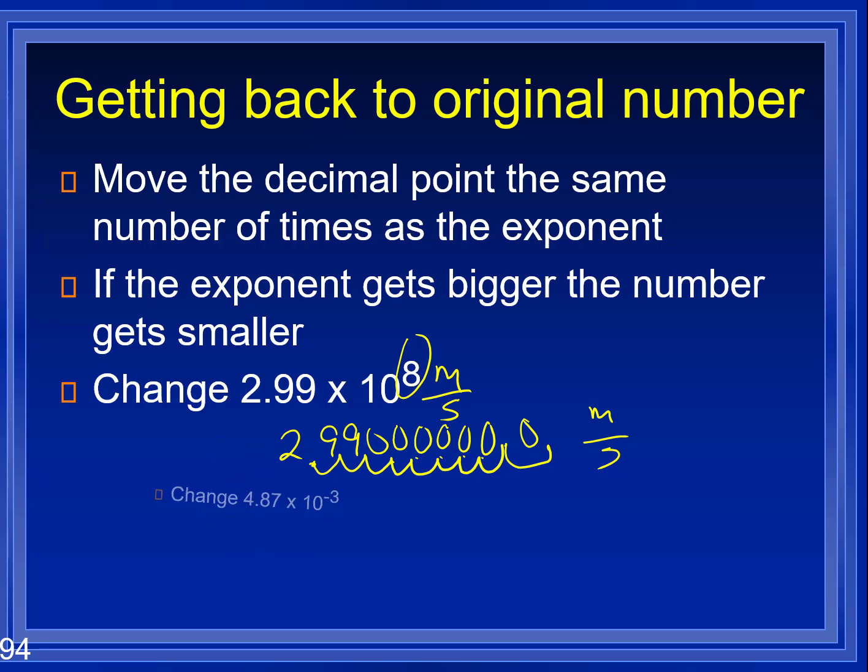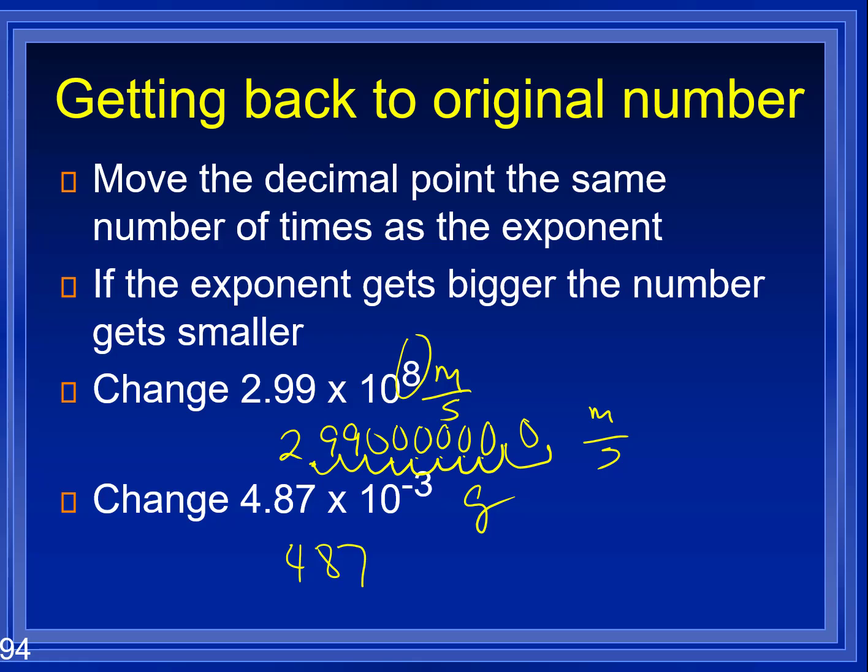So if you had 4.87 times 10 to the minus third grams, I want to change that. I'm going to start with the decimal point between the 4 and the 8.